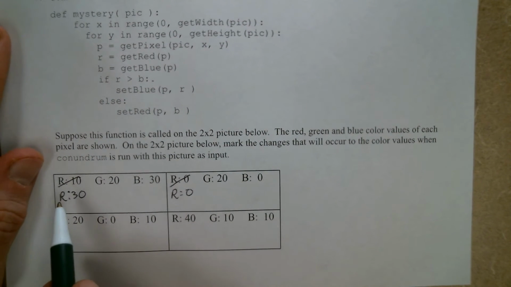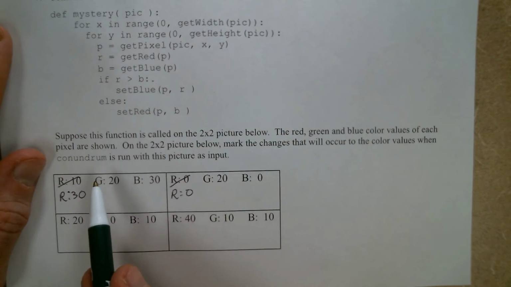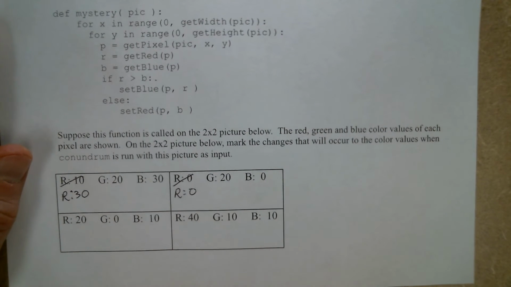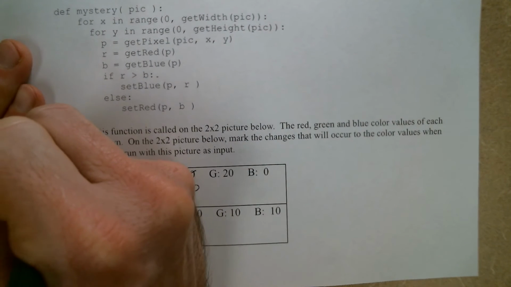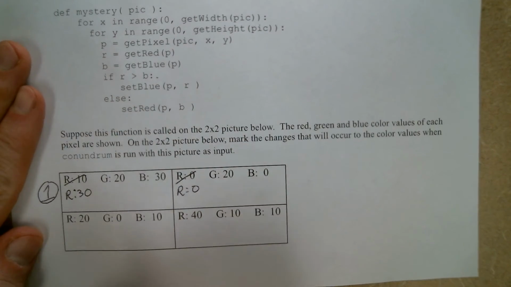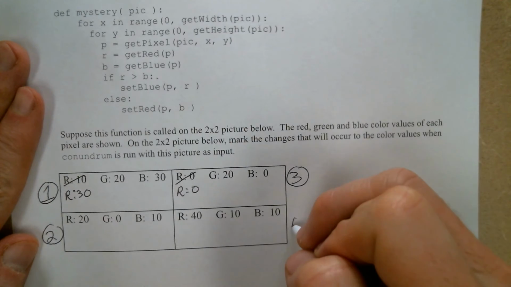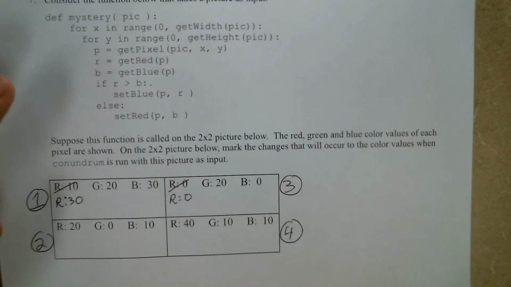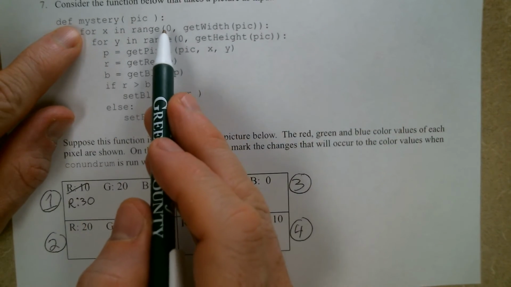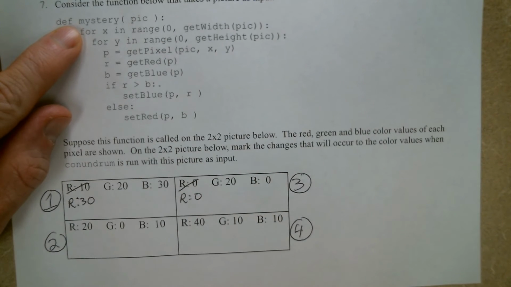And again, because y is the inner loop here, whoops, I'm doing them in the wrong order. If I'm being technically precise here, technically this box would happen first, this box would happen second, this box would happen third, and this box would happen fourth, because the x stays the same while the y is changing.